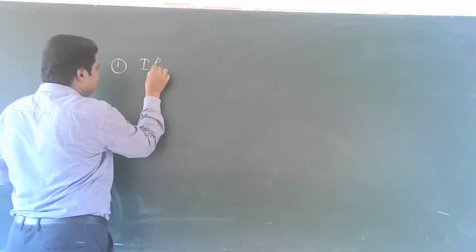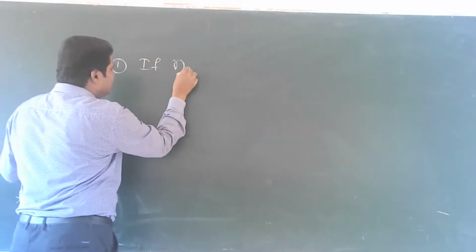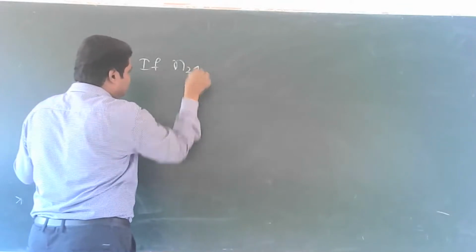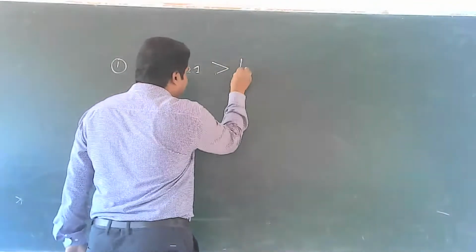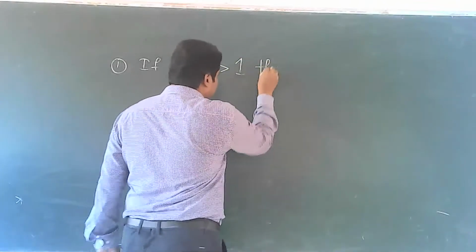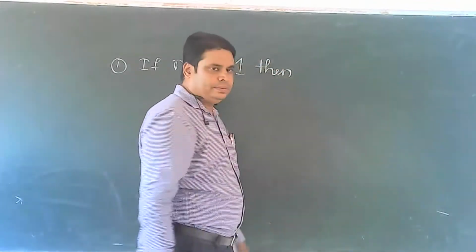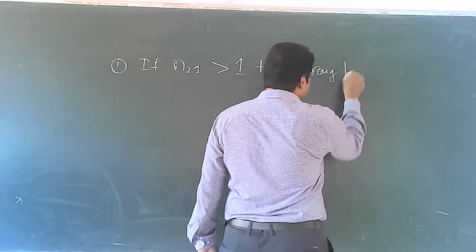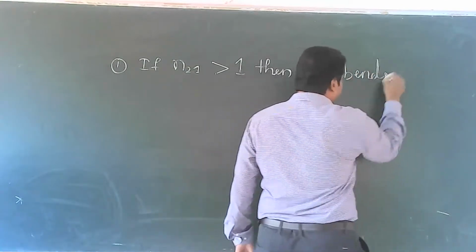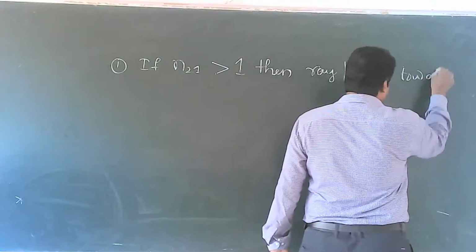See here. If the refractive index of the second medium with respect to the first medium is greater than 1, then the ray bends towards the normal.